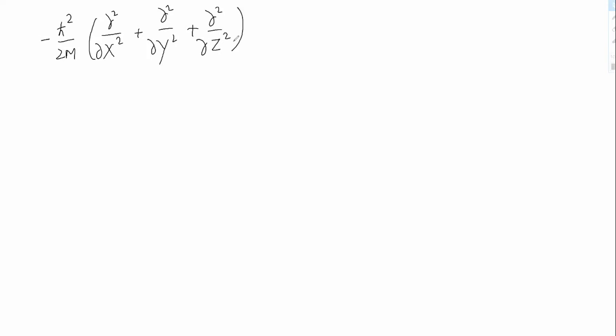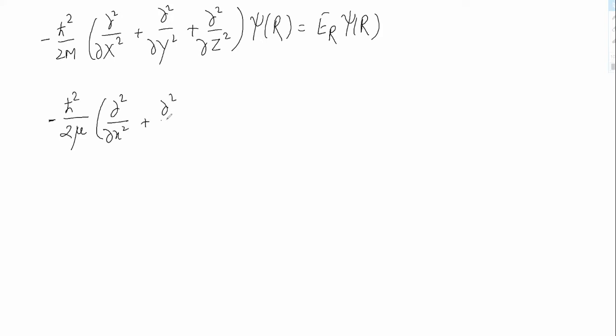Now, doing so, what you will obtain is minus h square by twice M, del square by del X square plus del square by del Y square plus del square by del Z square, psi(R) is equal to E_R psi(R), and the other expression that you will get is minus h square by twice mu, del square by del x square plus del square by del y square plus del square by del z square, psi(r) plus V(r) psi(r) is equal to E_r psi(r).